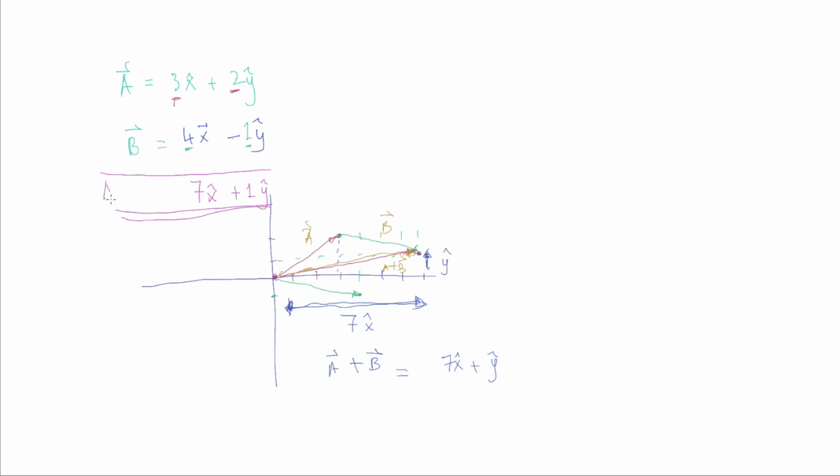So I end up with the same thing for A plus B. So now I can add vectors algebraically instead of using pictures, right? Sometimes it's easier to do it with pictures, sometimes it's easier to do it algebraically, but here you can see you now have two tools in your arsenal to add vectors.